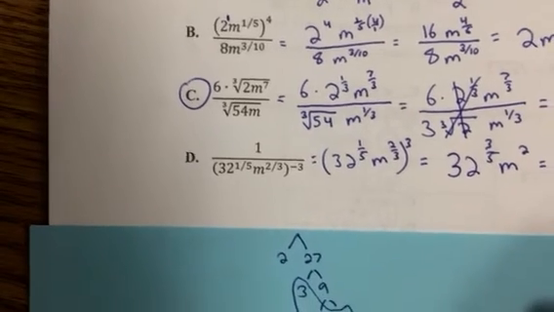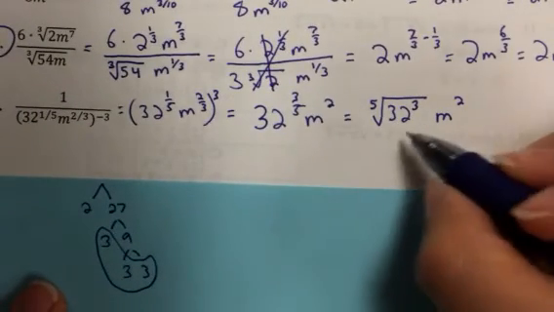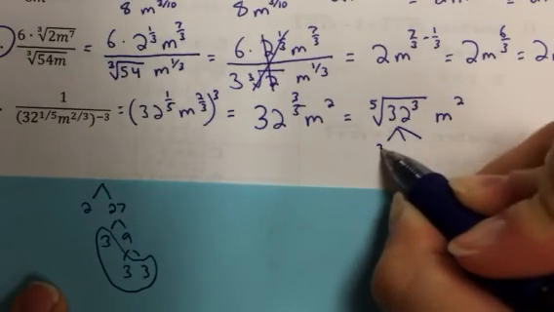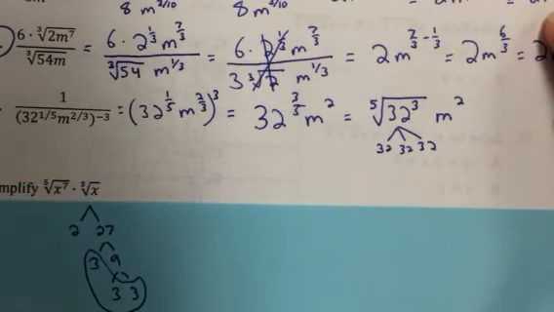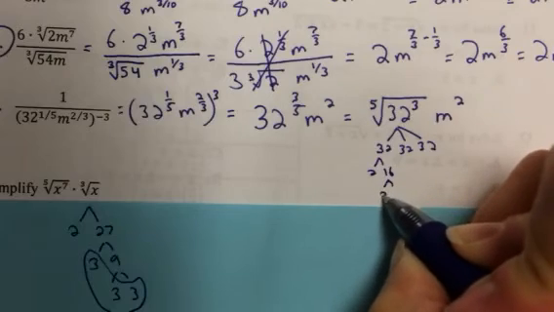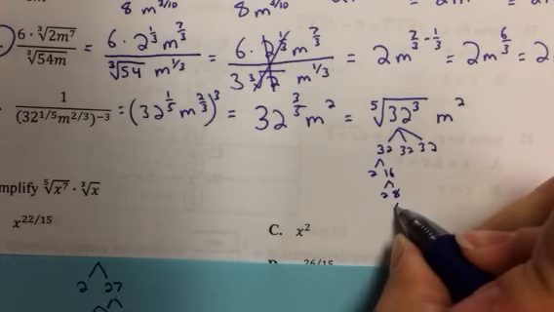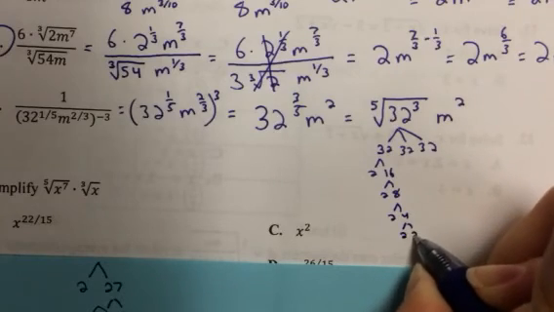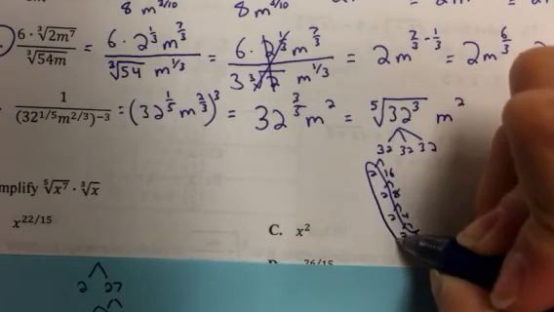And that's the 5th root of 32 to the third, and then m squared is next to it. And you can actually simplify this one out by doing, well, it's 32 times 32 times 32, and each of the 32s is going to break down into 2 and 16, 2 and 8, 2 and 4, and 2 and 2. And since it's a fifth root, you need to pull out groups of 5.